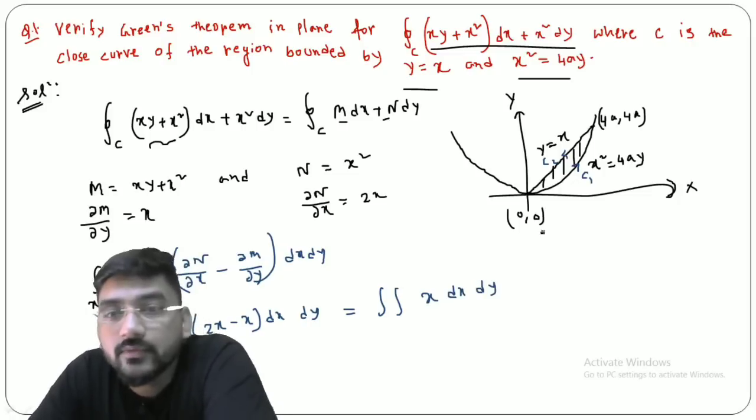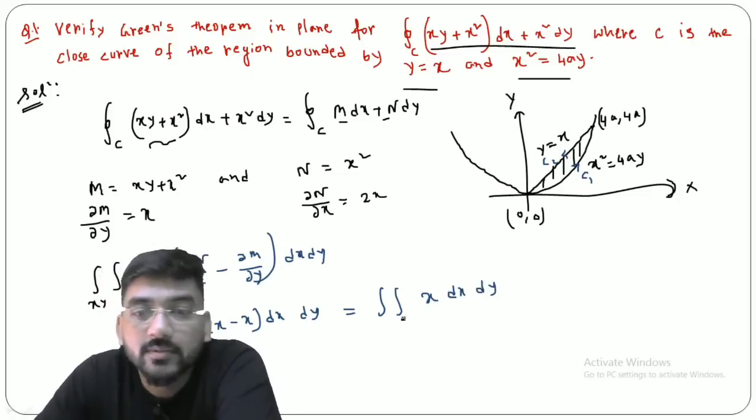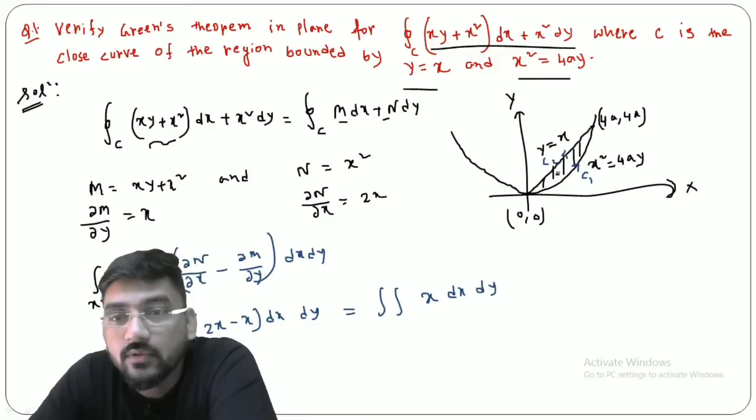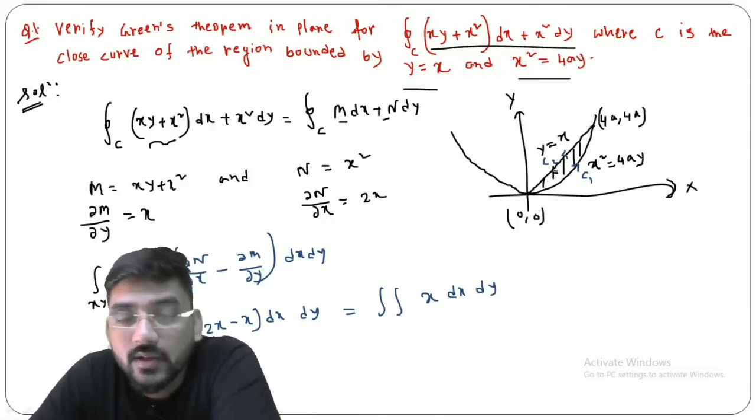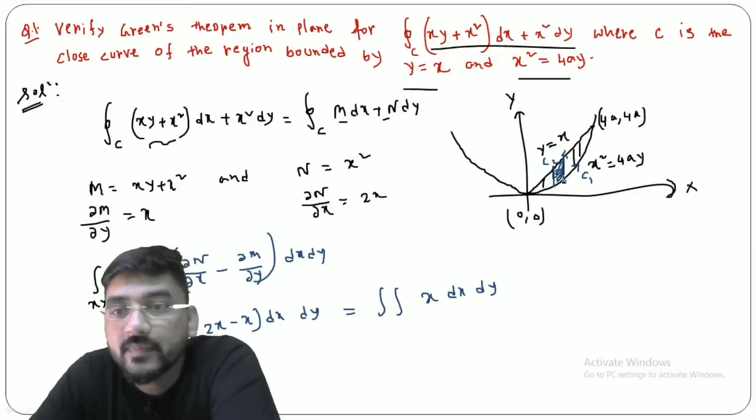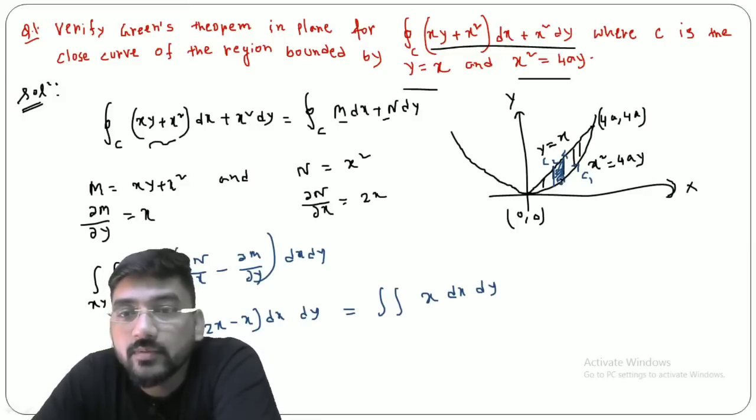Okay, now let me find out first what will be the limits of the integration for x and y. So if you want to cover this region, then you have to take first a small strip. Let me take here a small strip like this. So for this strip, the variation of y will be from this point to this point. So at this point y will be x.